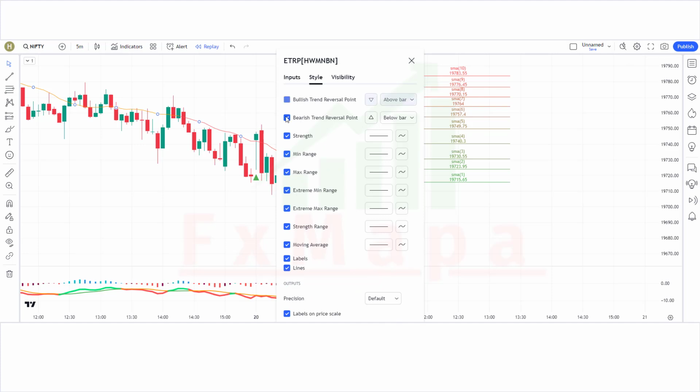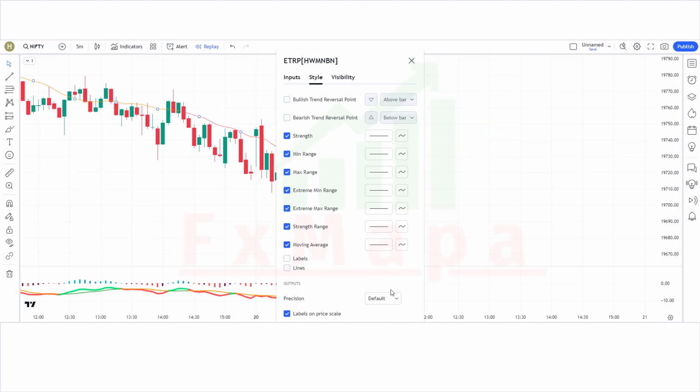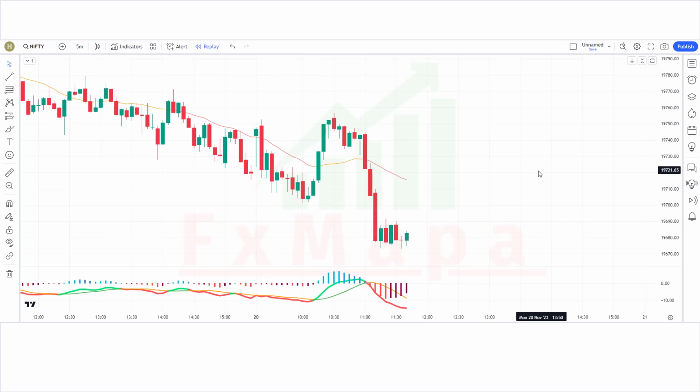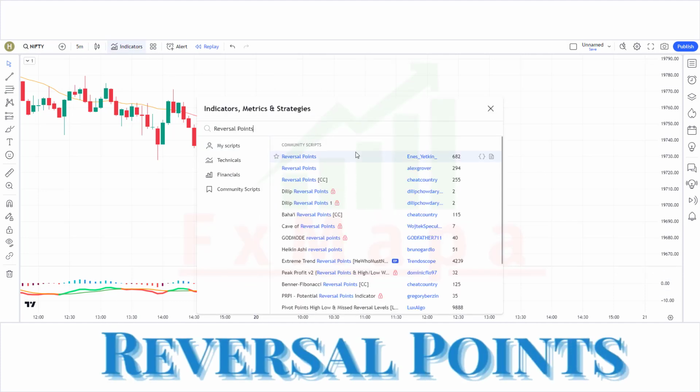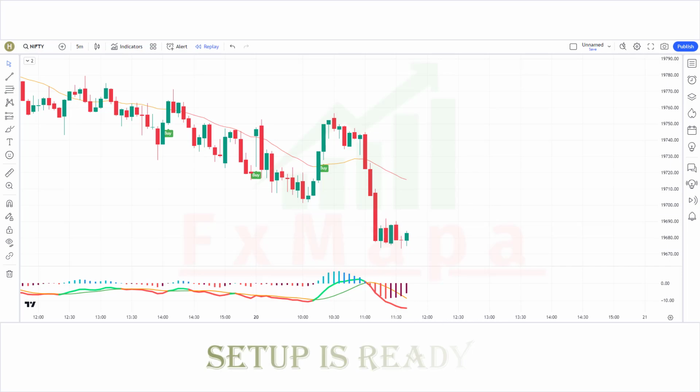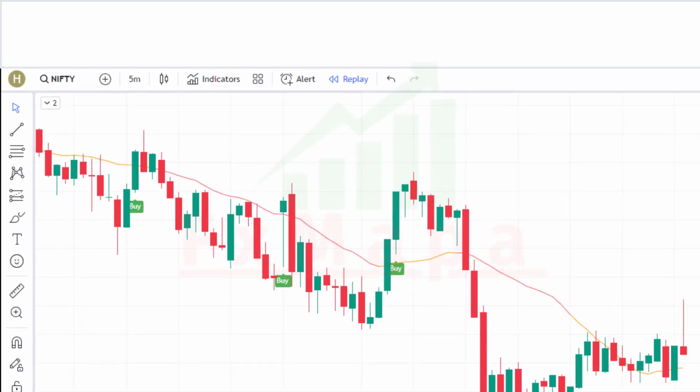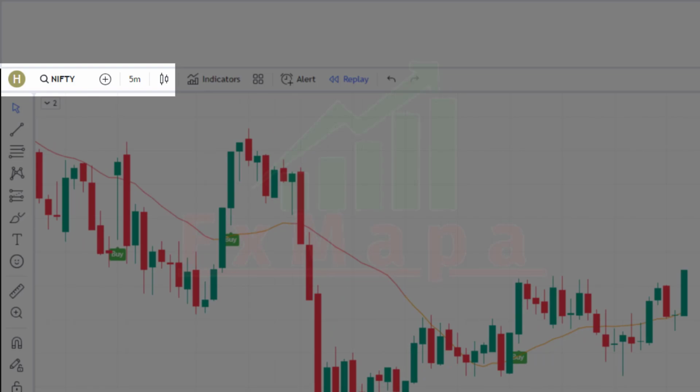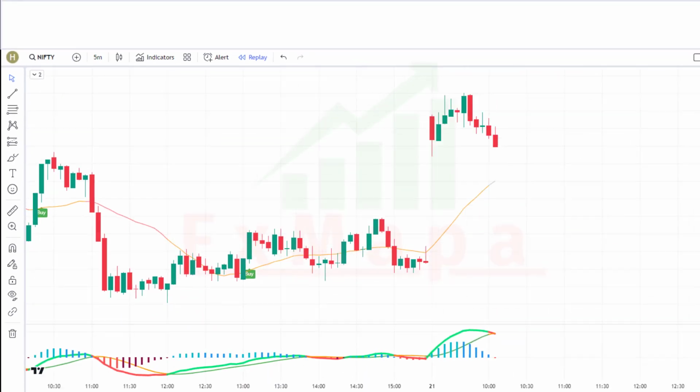Keep the indicator settings as I have shown here. Third indicator name is reversal points. Setup is ready. We are going to test this strategy on the 5 minutes time frame in the Nifty chart.